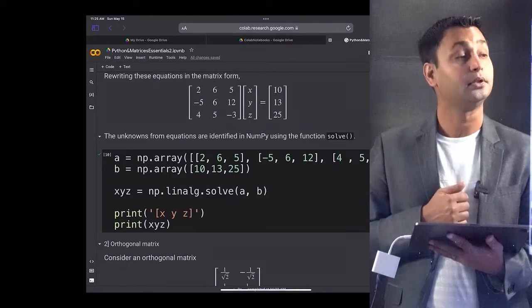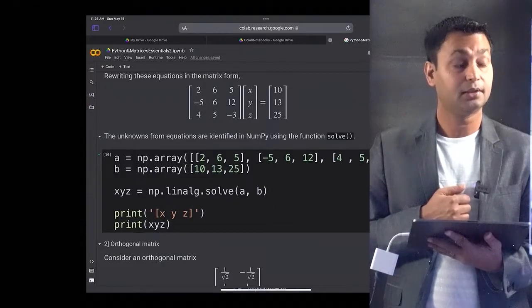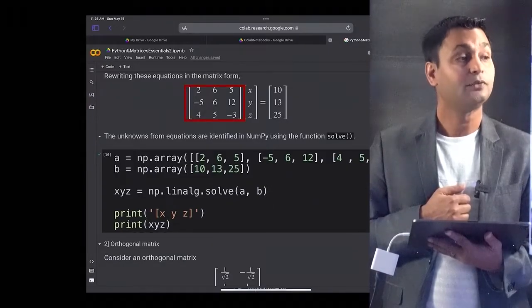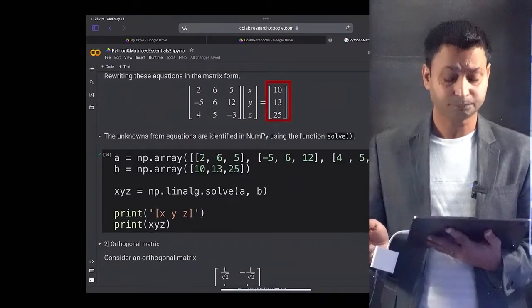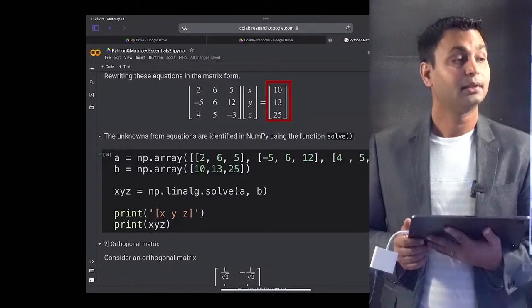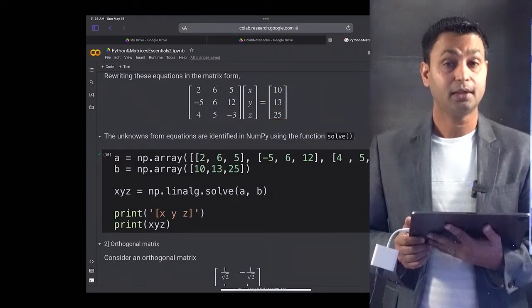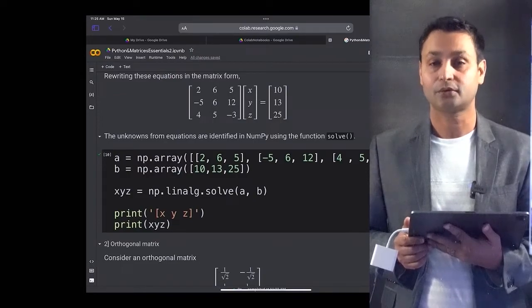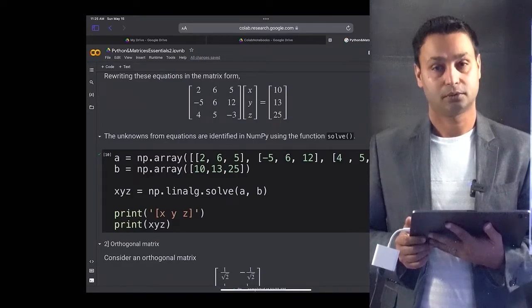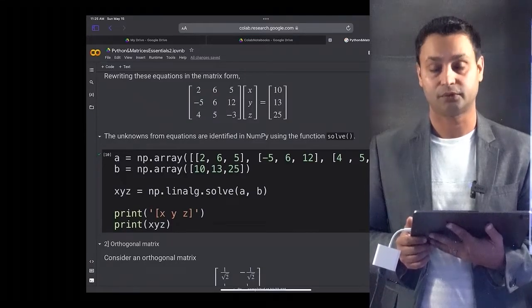We will store the matrix on the left-hand side as a matrix A, and the vector on the right-hand side, 10, 13, 25, as B. Then we will call the solve function, providing the A matrix and the B vector, and this function will automatically solve the set of equations and provide the solution.